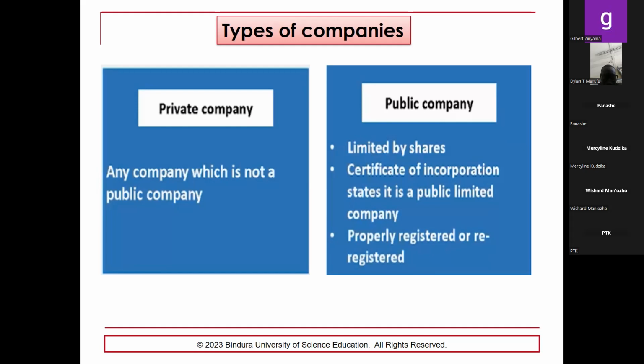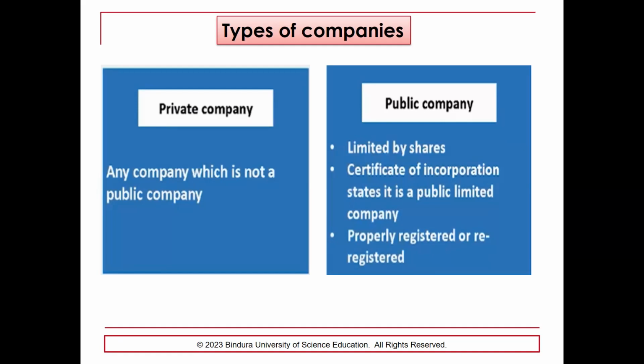The company can have 2 shareholders, 10 shareholders, 20 shareholders. It does not matter the number of shareholders. But the major distinction between a private company and a public company is the fact that the private company can only raise additional funds or share capital from the people that are already shareholders within the company.